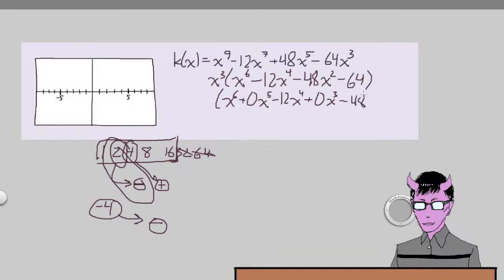Minus 48x squared plus 0x minus 64. So I'm going to be very, very careful. The coefficients are 1, 0, negative 12, 0, negative 48, 0, and then negative 64.